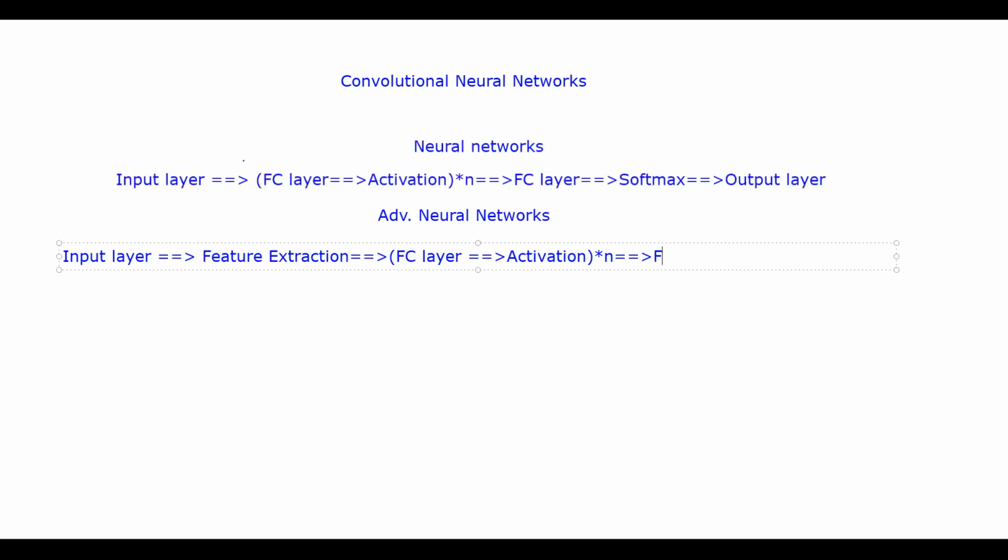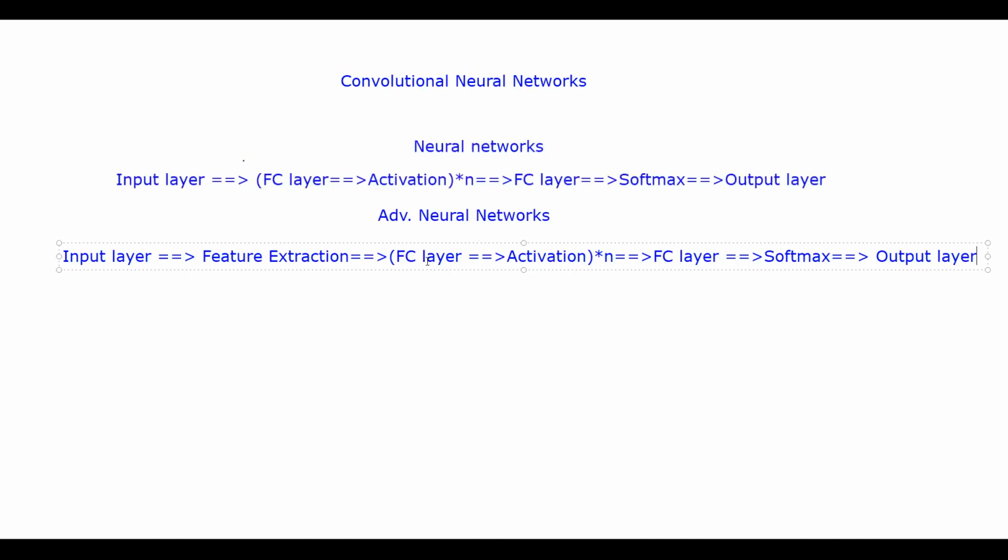Then fully connected layer, that is softmax, and now output layer. So the difference I see here is before the fully connected layer, we have introduced a feature extraction. So the output of feature extraction is an input to our fully connected layer.